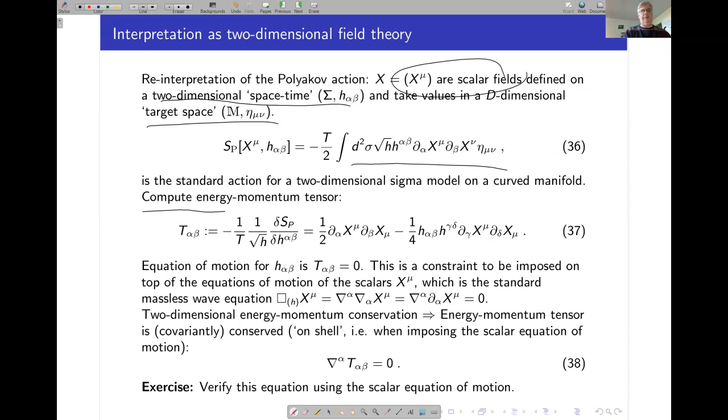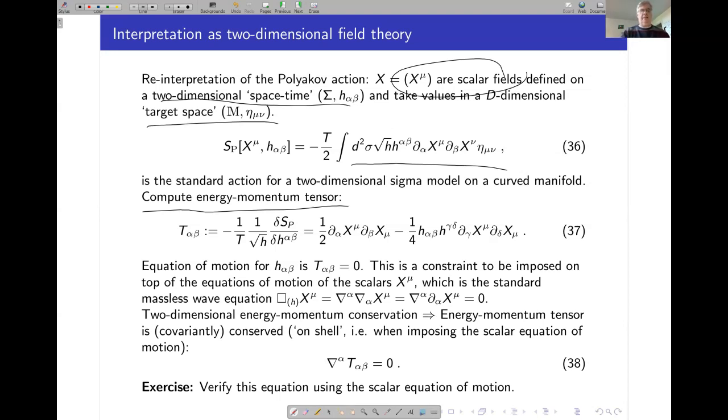We can now compute the worldsheet energy momentum tensor. There are several ways you can define an energy momentum tensor in field theory. If you are living on a curved space like our worldsheet sigma, the natural way to define the energy momentum tensor is to define it as the response of the action under an infinitesimal change of the metric.